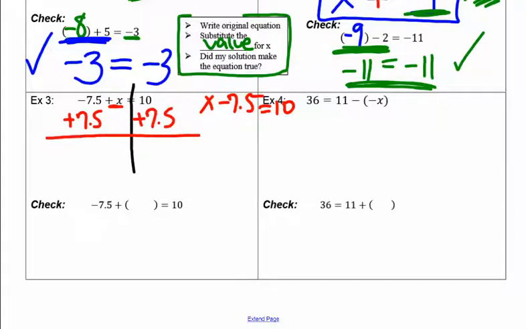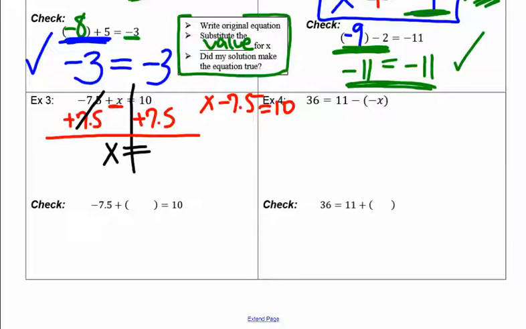Negative 7.5 plus 7.5, when we add those are opposites. We get 0. 0 plus x is just x, okay? Which is what we wanted, all right? We wanted x by itself. We're using that inverse operation.